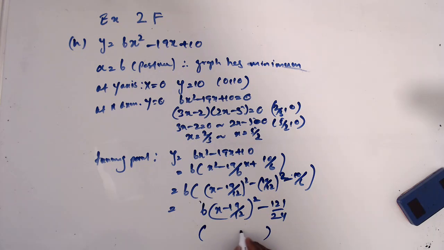So the turning point is 19 over 12, and the value is minus 121 over 24. So this is the minimum.